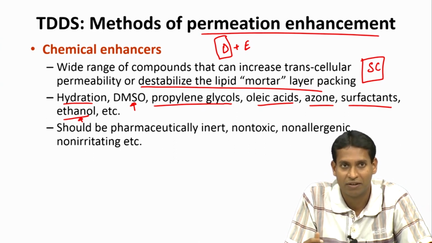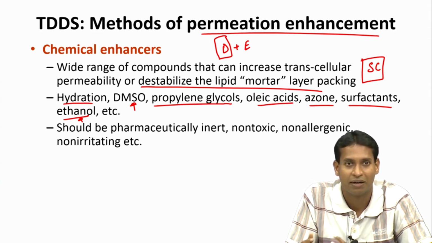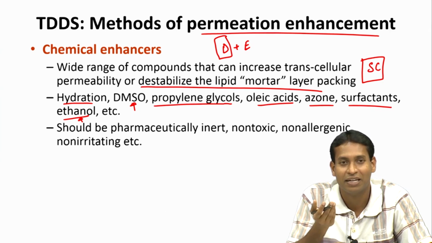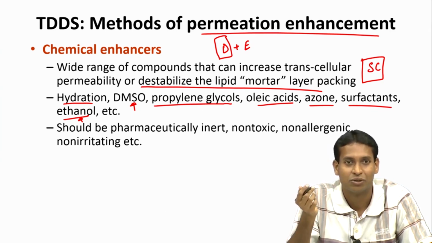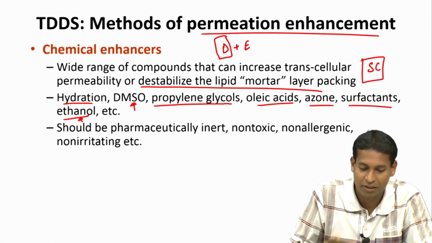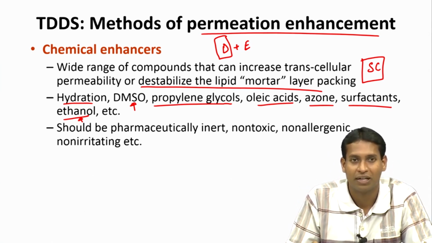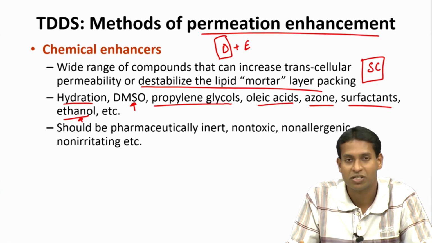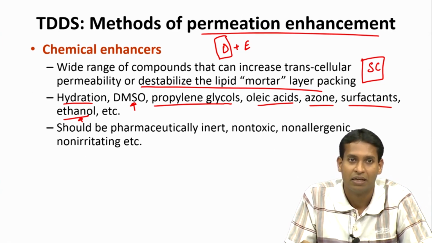In fact, one form of ethanol penetration is through the skin. So if you are working in a job in which you have to touch ethanol quite a lot, you can actually get that ethanol level so high in your blood that you might even get intoxicated. So, all of these molecules are used for enhancement of permeation of the drug that you are looking at.